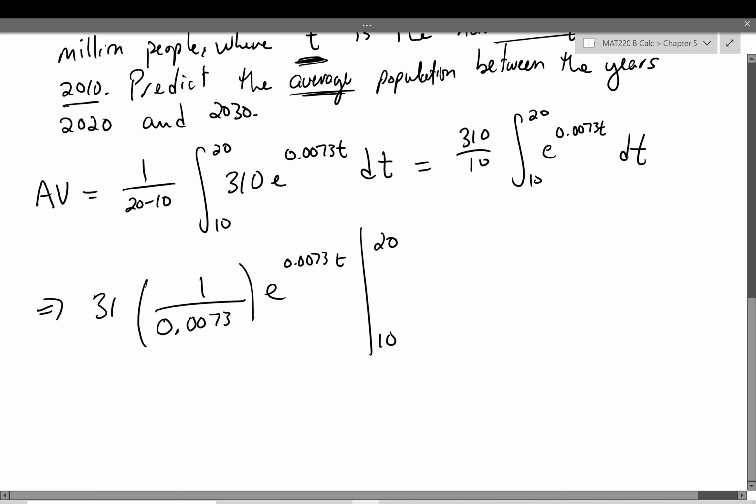So what I did is I just went ahead and used my calculator for this. So I got approximately 4,247 e to the 0.146 minus 4,247 e to the 0.073, okay?